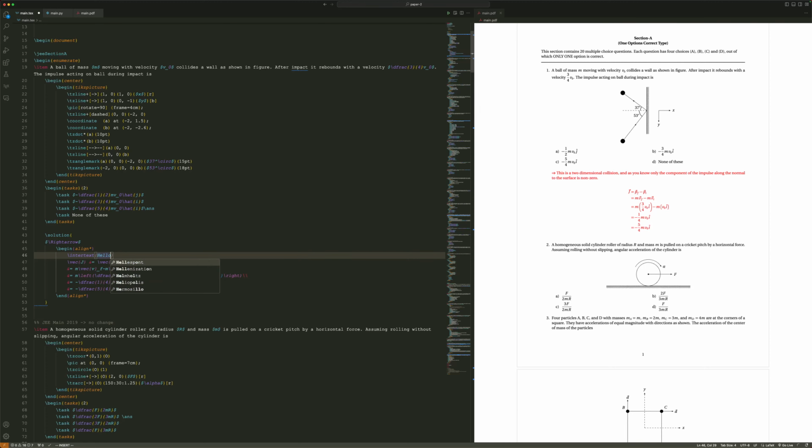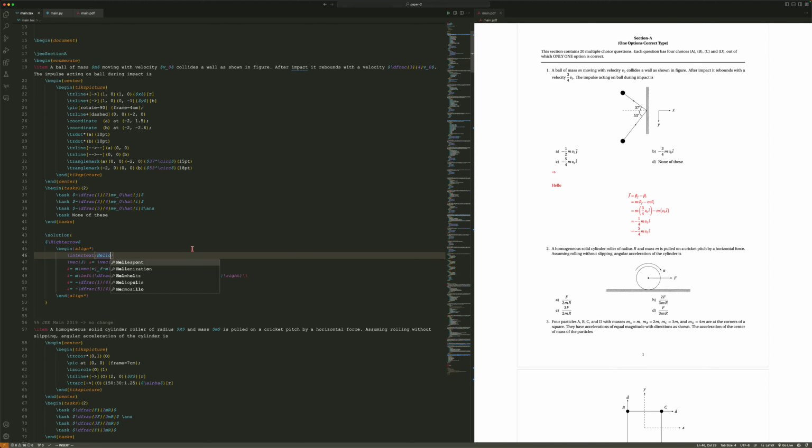Let's check whether it is working or not. Yes, it's working.